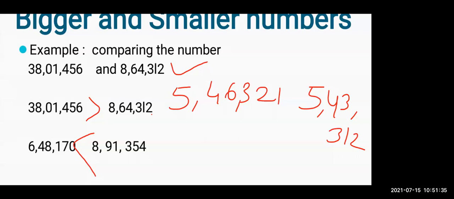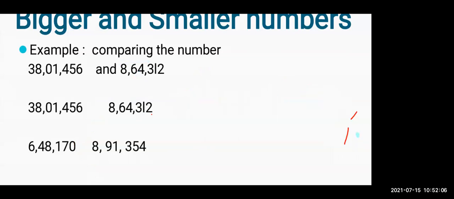We have to see whether 46 is bigger or 43 is bigger. Now here 46 is bigger. So the crocodile mouth should open in front of the 5,46,321. See, हमने first number देखा. That time it was the same. So we have to see the next two numbers. I hope everyone has understood how to compare the numbers by putting the symbol of greater and smaller.